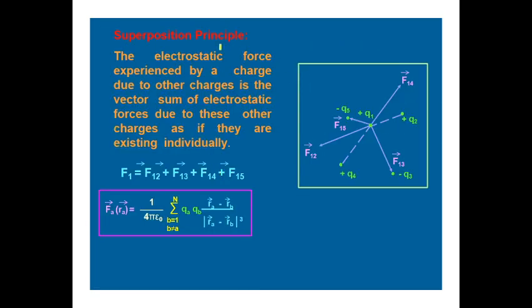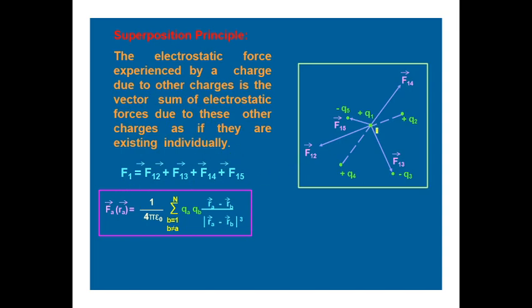Then the superposition principle. Superposition principle means the electrostatic force experienced by a charge due to the presence of other charges is the vector sum of the electrostatic forces due to these charges as if they were existing individually.